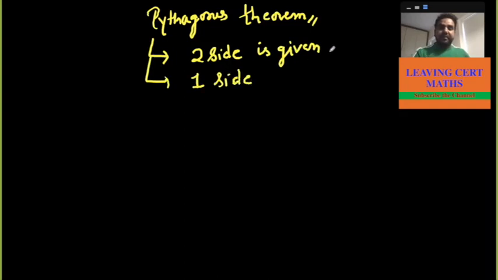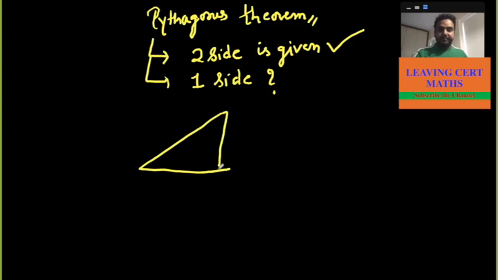This is already given, this you have to find, right? And it always happens in a right angle triangle. So let's take this question. This is 3 and this is 4, and they are saying find the hypotenuse, or this is x. Can you see the screen? Yeah. So how will you find that?